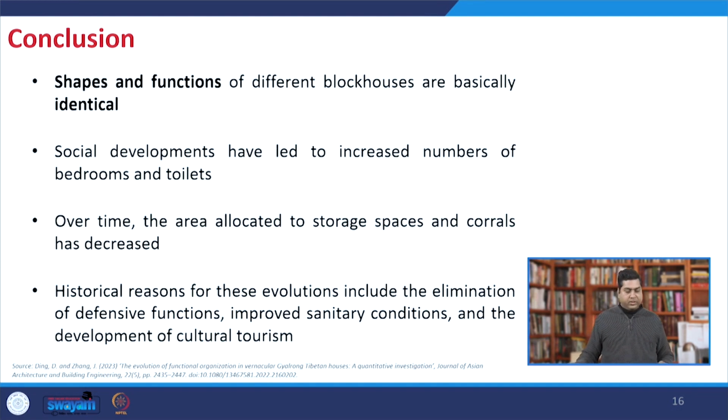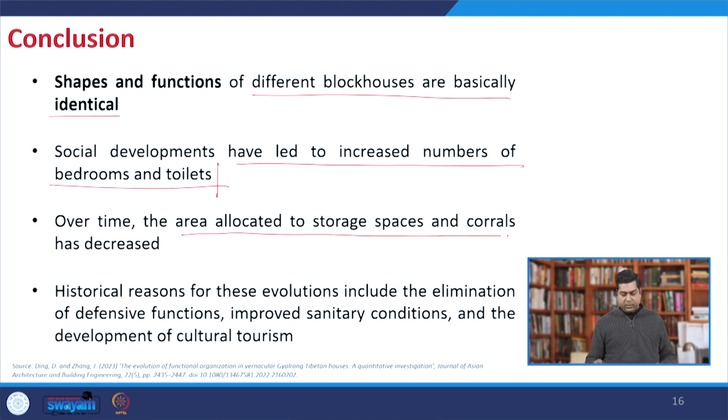Coming to the conclusion, the shapes and functions of different block houses are basically identical. Social development has led to an increase in the number of bedrooms and toilets, separate toilets within the block. Over time, the area allocated for storage space and the corrals has decreased to adjust for the new functions, to accommodate the tourist demand, tourism over the agricultural need.